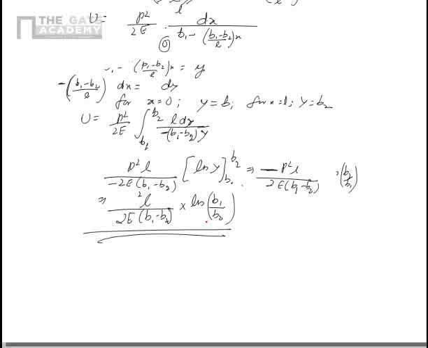Now, obviously, in this case we can see what happens if I put b1 equal to b2. If I put b1 equal to b2, I will get an indeterminate answer, because b1 equal to b2 means this is 0 and both numerator and denominator will become 0.